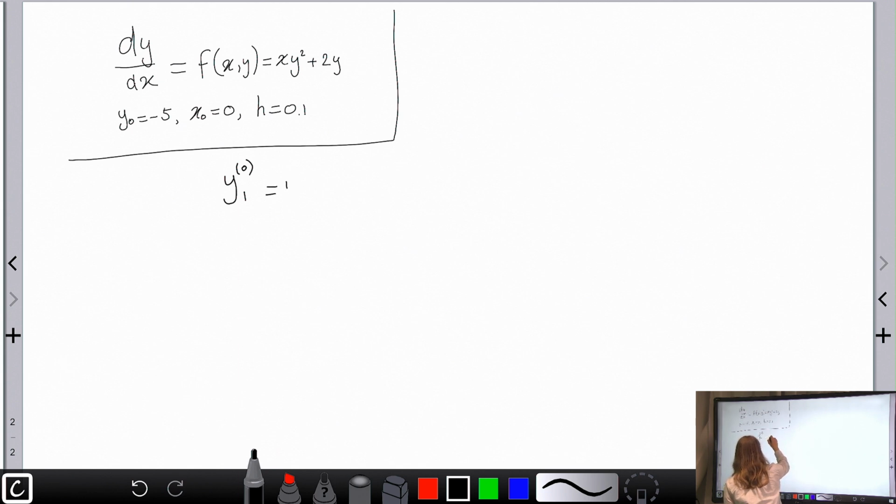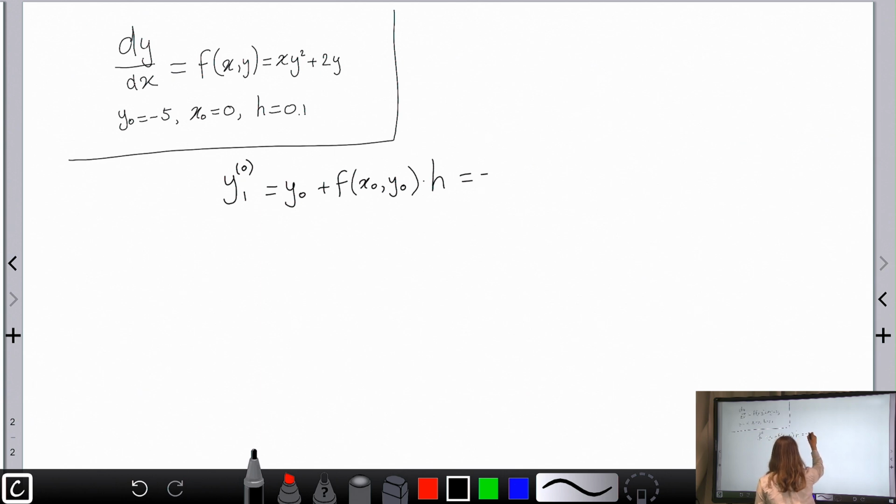Recall that this is equal to y naught plus this function, so x naught and y naught, times this step size h. This is just Euler's method, basically. And here we can plug in the values that we have, our initial values.